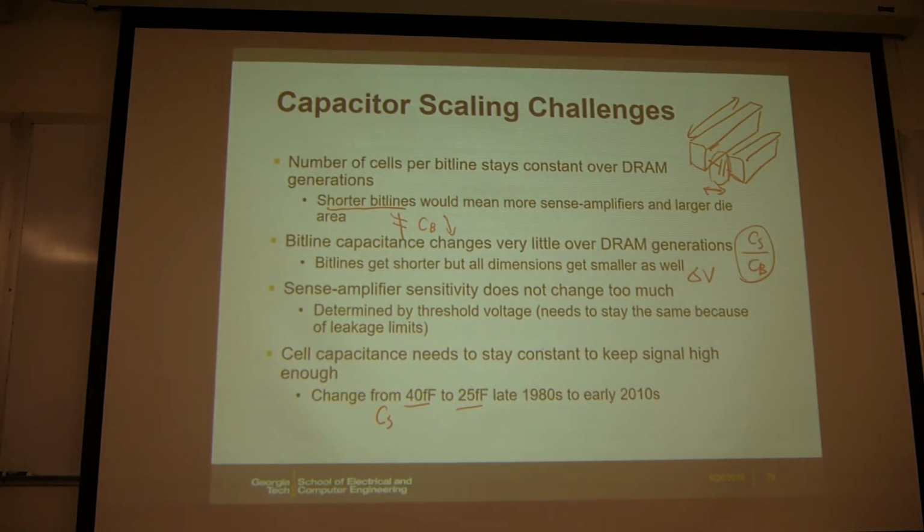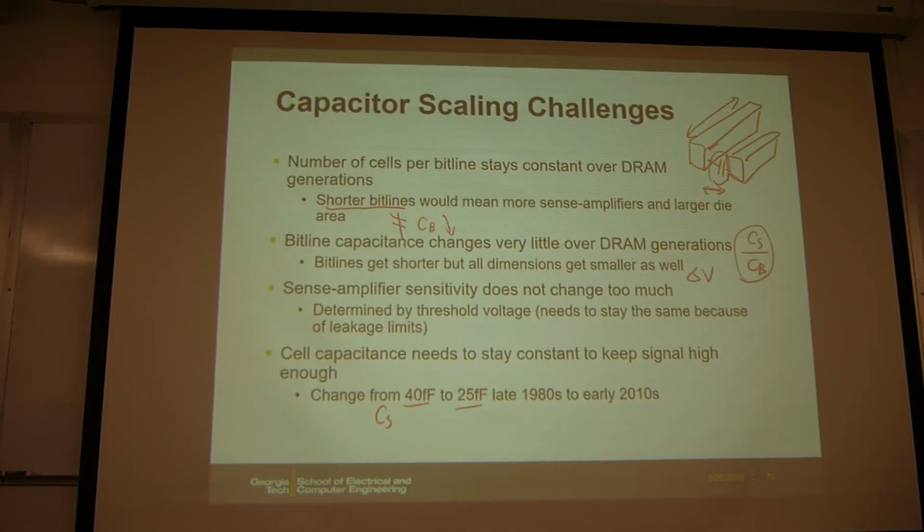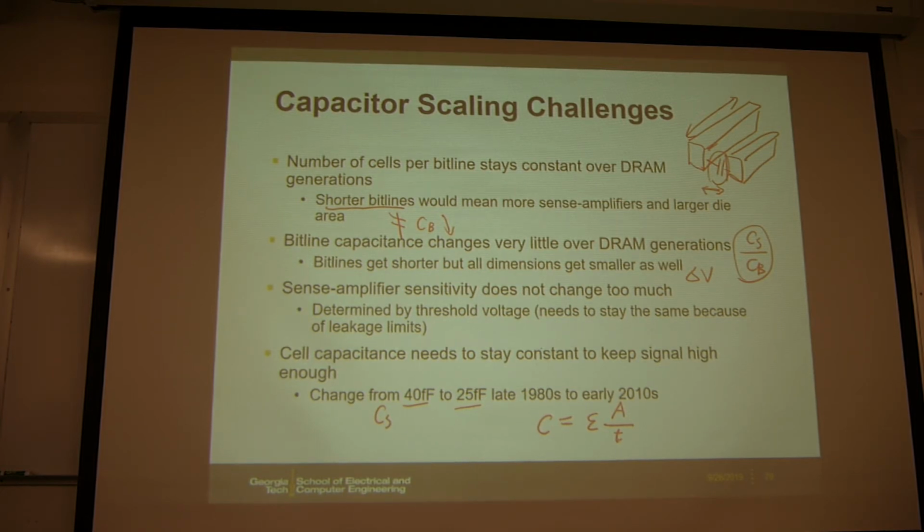So what determines the CS? You're changing only the area of the capacitor, you're not changing the thickness of the dielectric? Mm-hmm. So, again, C equals epsilon A divided by thickness. If we do nothing, by scaling means what? So do nothing, that means epsilon doesn't change.